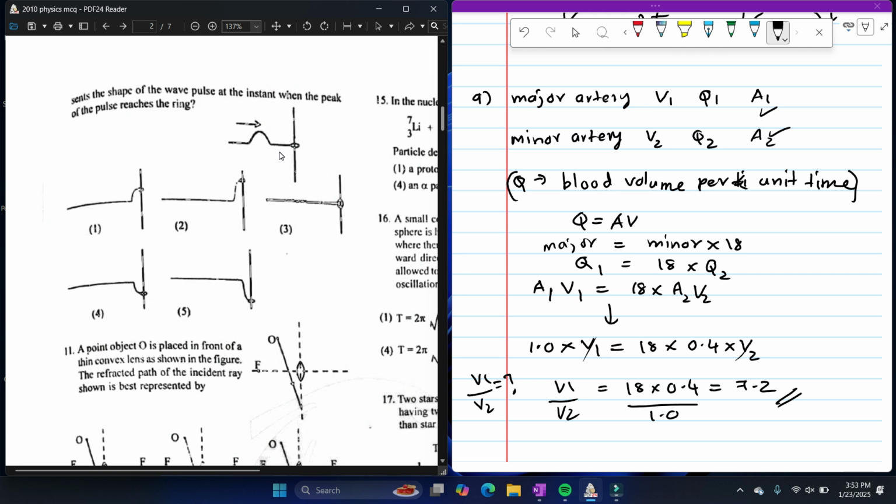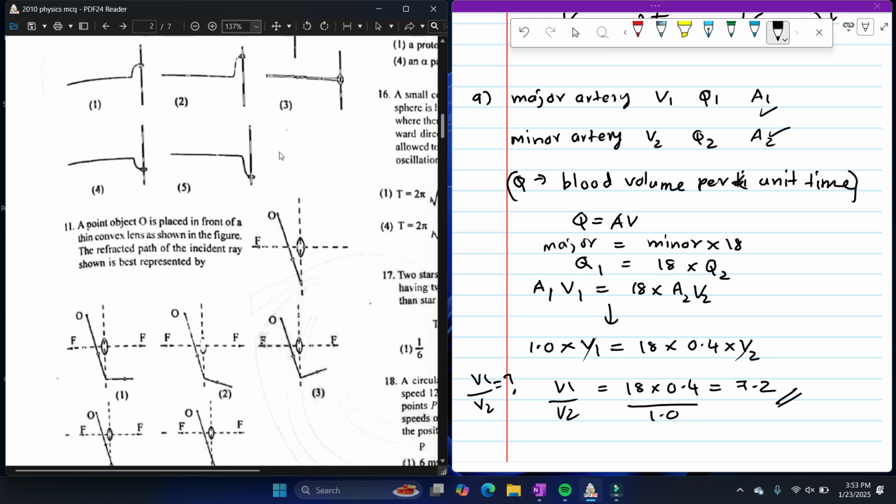Okay, so the answer is actually 2, not 1, because it becomes double due to combination of the wave pulses, as it is a half pulse once it reaches there. So the amplitude increases. So the answer is number 2. So that's not a big deal, I suppose.